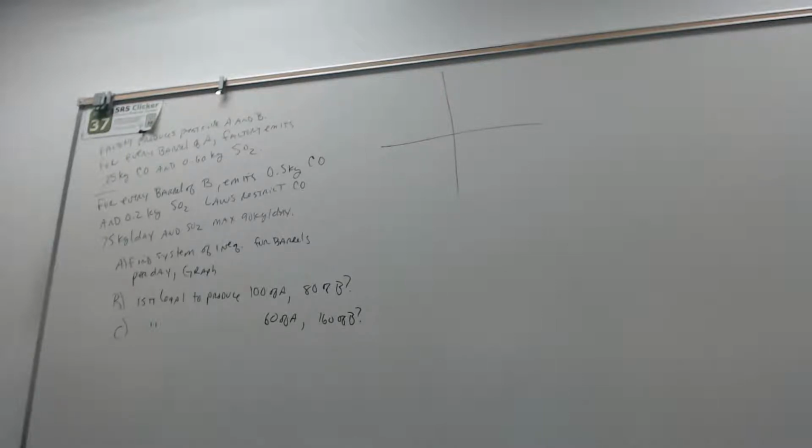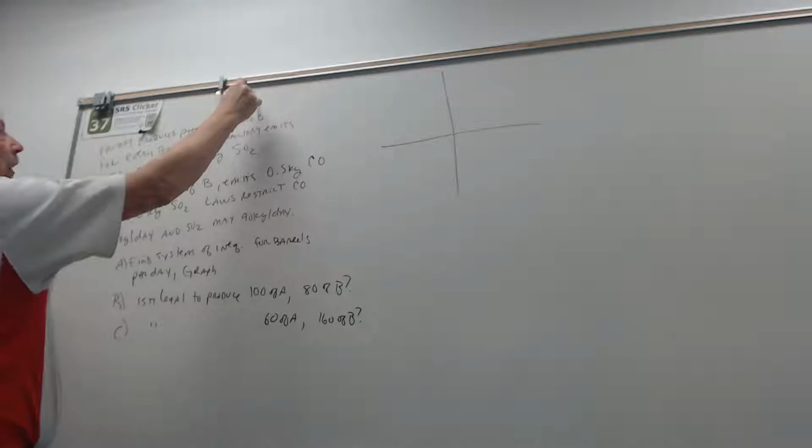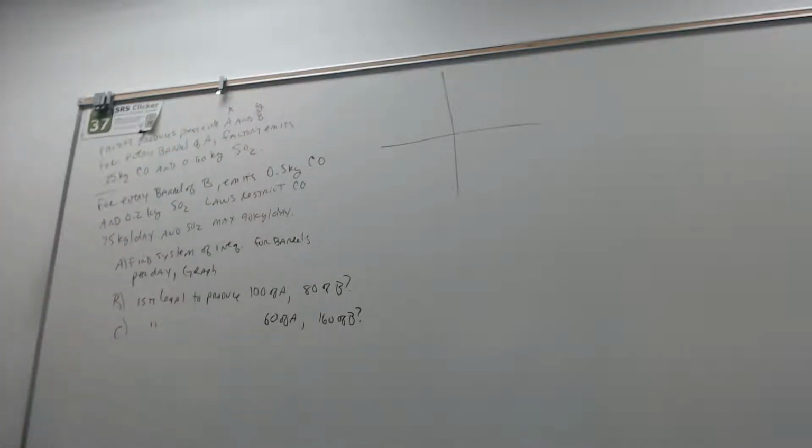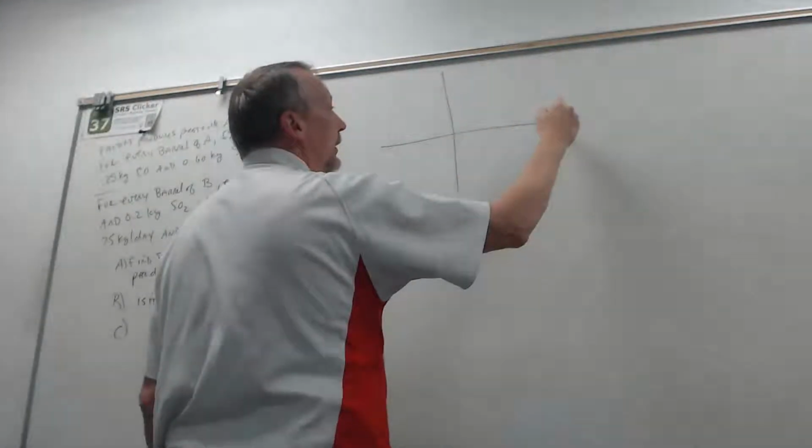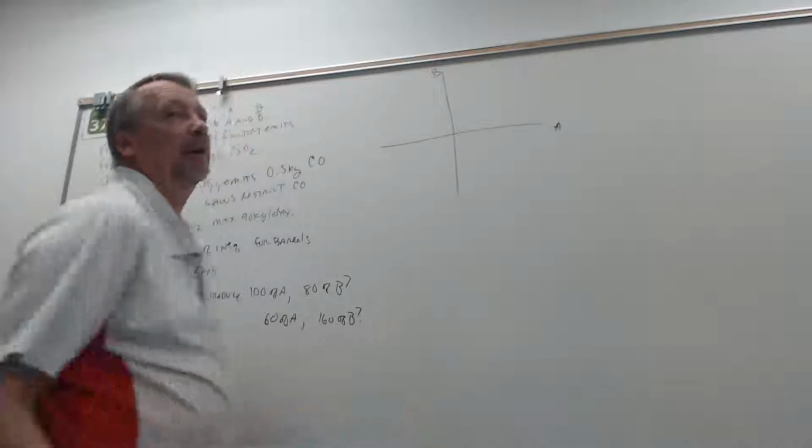We could do A and B or X and Y, right? What do you want to do? X and Y. So X is A and Y is B, right? Or you could label this A and B, I guess. Either way you want to do it.